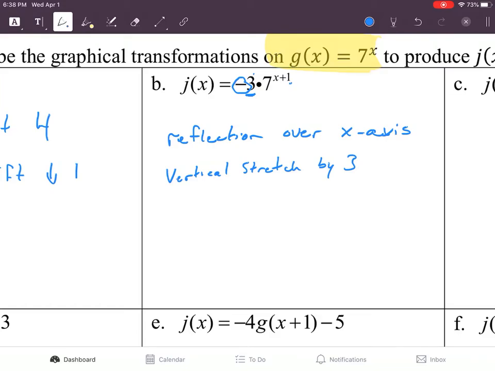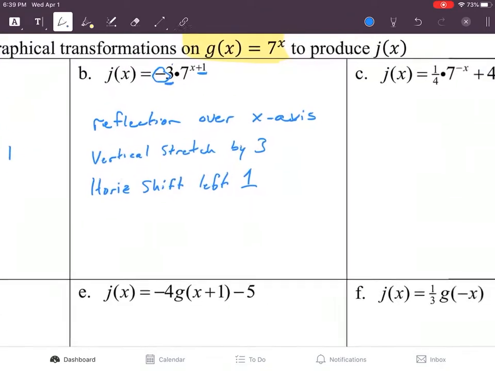And then finally we have the interior, inside the function, horizontal shift, and it's going to the left by 1. Those are the 3 different transformations on part B.